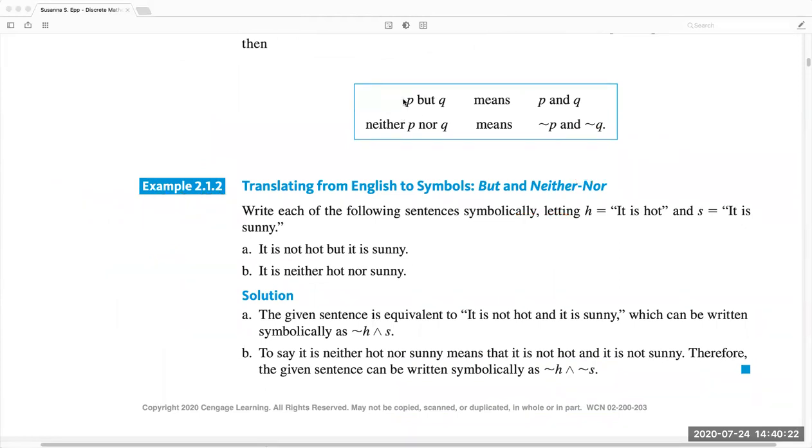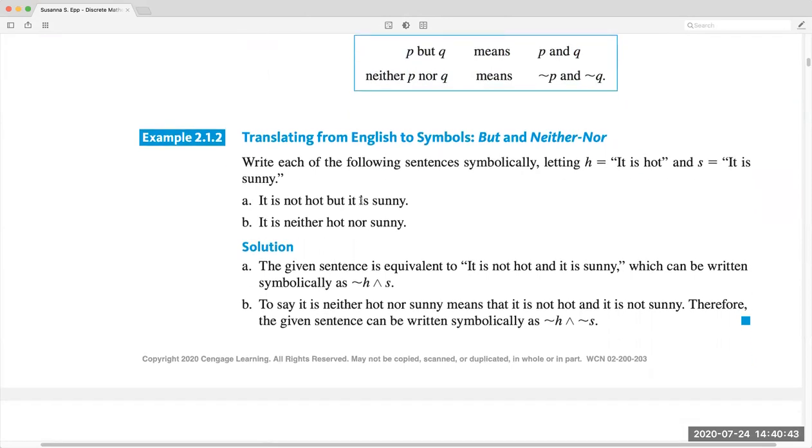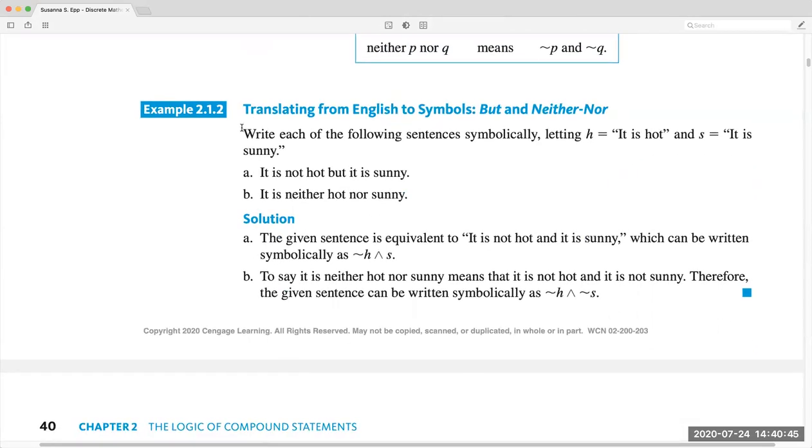You may also need to know how to convert everyday language to symbols. "P but Q" actually means P and Q. "Neither P nor Q" actually means not P and not Q. Then maybe you can have a look at this example.